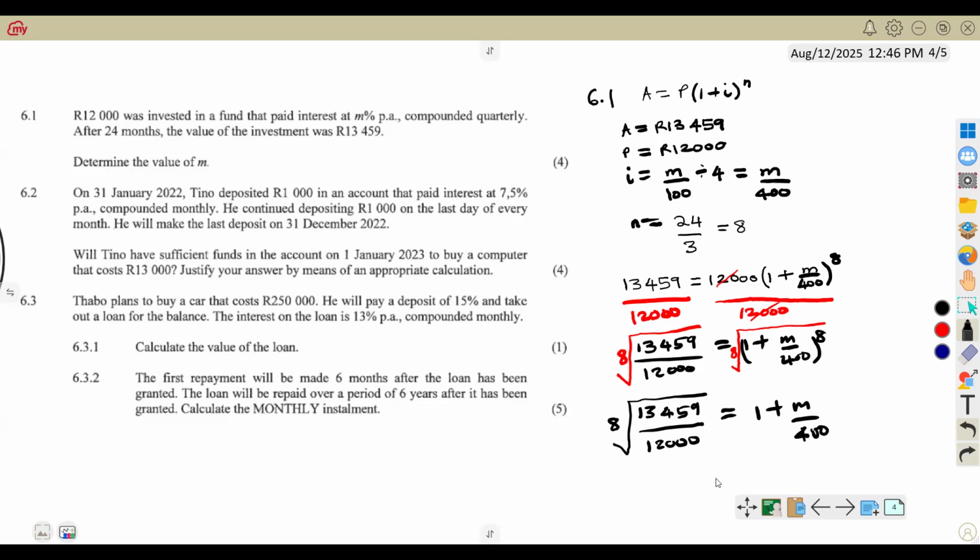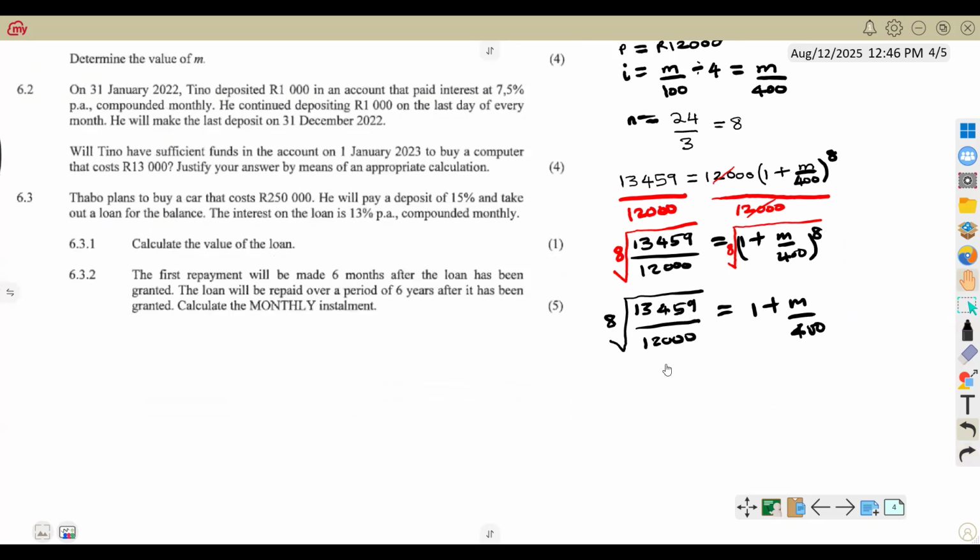So the 8th root of 13,459 divided by 12,000, minus 1, must be equal to m over 400.